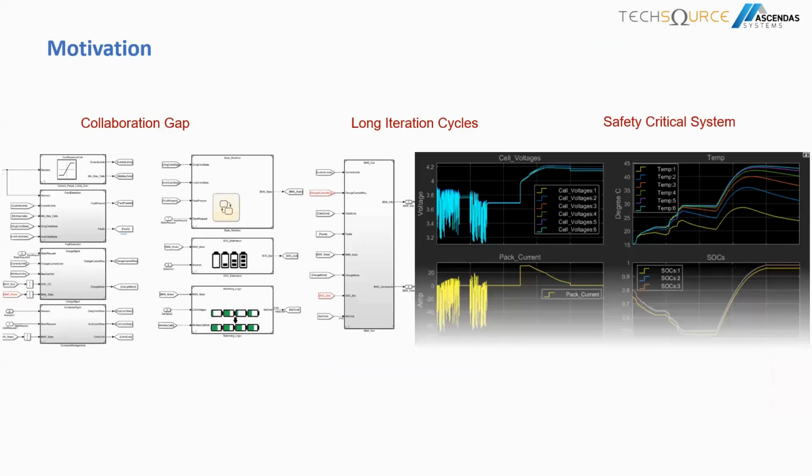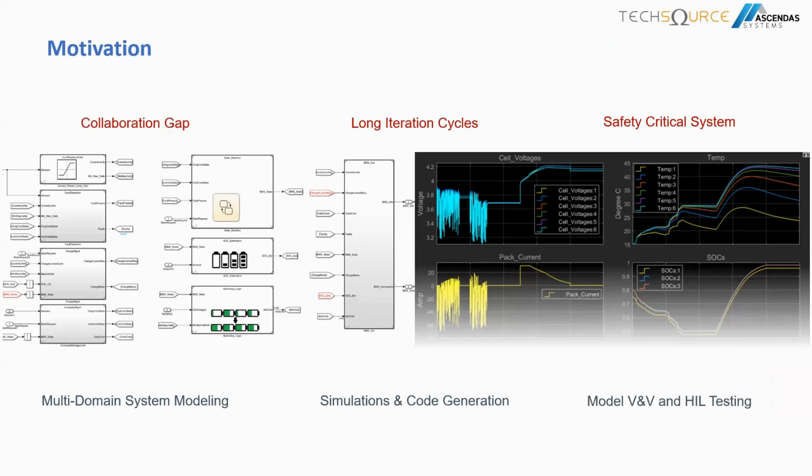As you know, battery management systems are safety critical systems. Long iteration cycles are a challenge, collaboration gaps between hardware and software teams are a challenge, and the challenge of testing every possible operating condition makes it very difficult for teams to collaborate together.